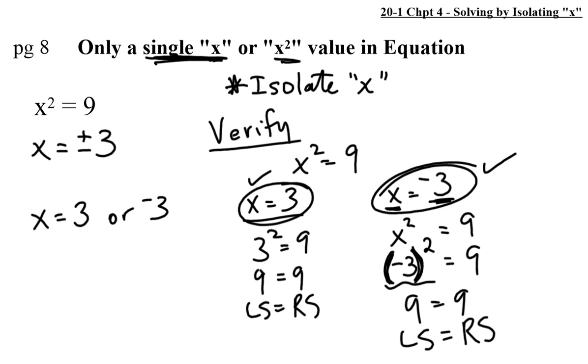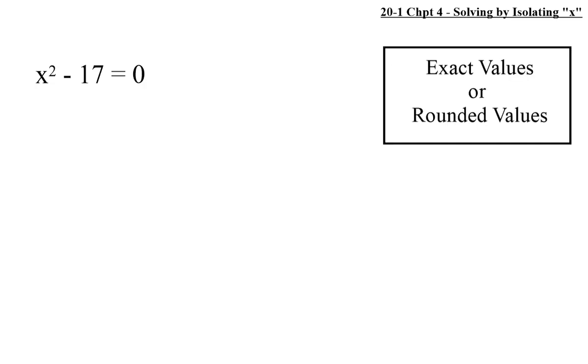That's about as easy a question as you're going to get. We're going to get a little bit more complicated: x squared minus 17 equals 0. Again, we simply have a single x squared term in this equation, so we need to isolate it with algebra. Note, exact values or rounded values depends on what the question asks for.